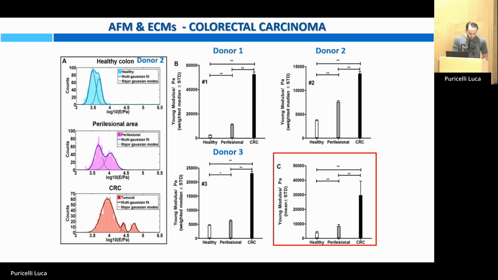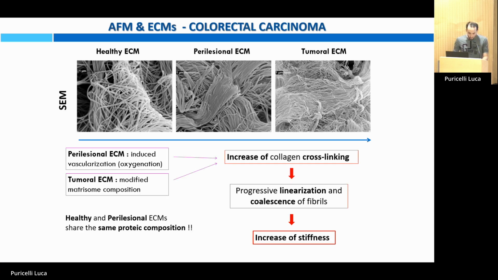And what we observed is a gradual increase of stiffness of the ECM going from healthy to tumoral region. But AFM alone cannot provide every useful piece of information to get a comprehensive and detailed picture of the problem under investigation.